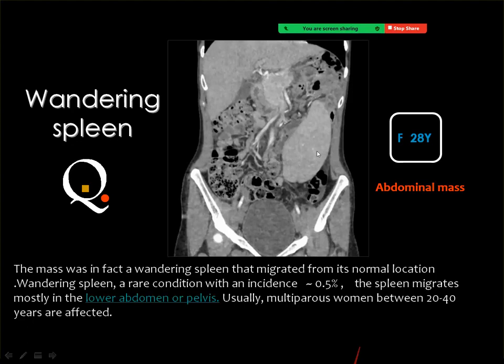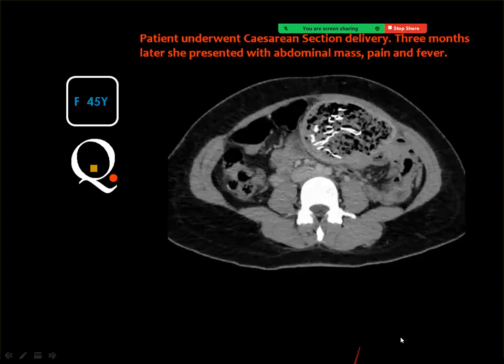And frequently, it lies transverse in the pelvis with its hilum facing downward, and sometimes there is rotation around the splenic pedicle, resulting in what is known as splenic torsion or total splenic infarction.